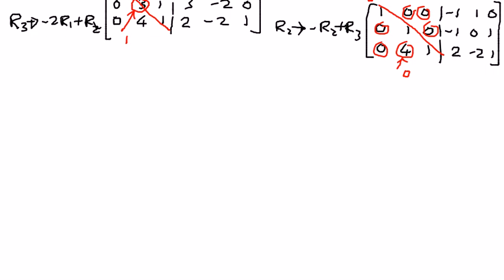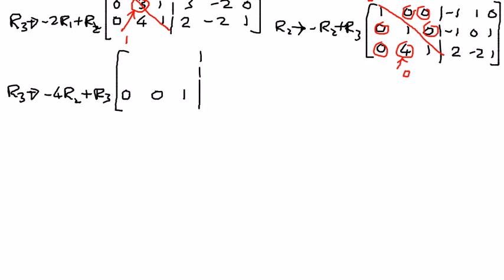The new R3 is going to be equal to 4 times R2 plus R3. That will make that equal to 0. So this will be 0, 0, 1.